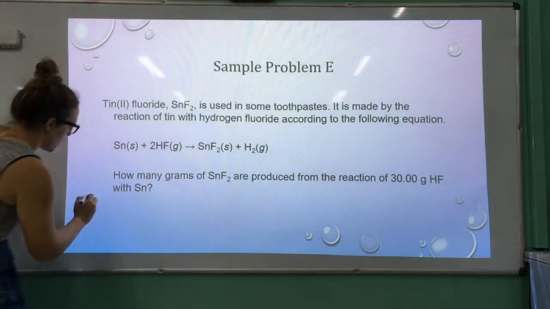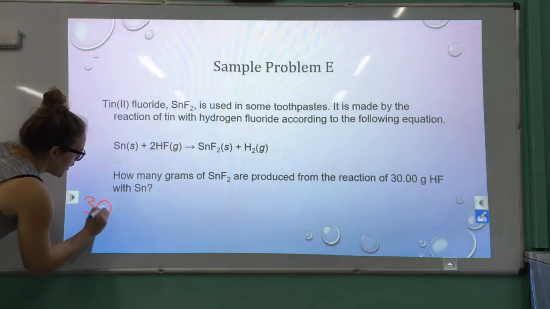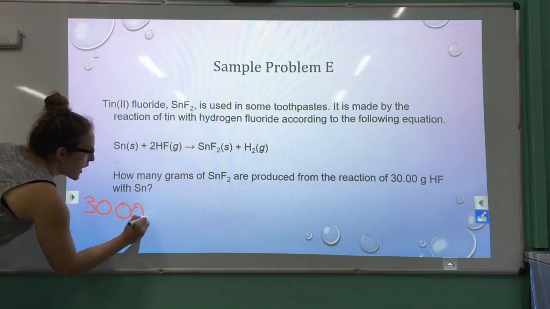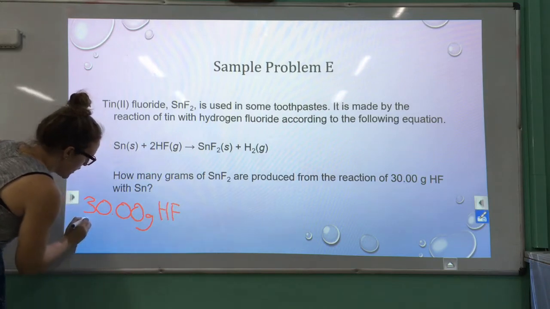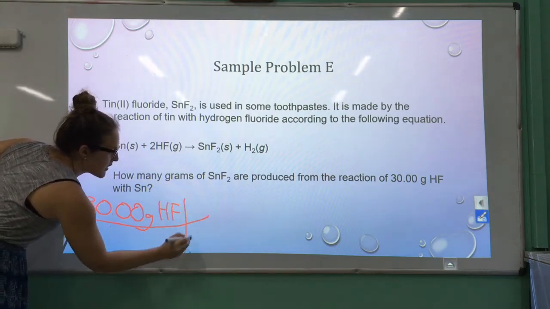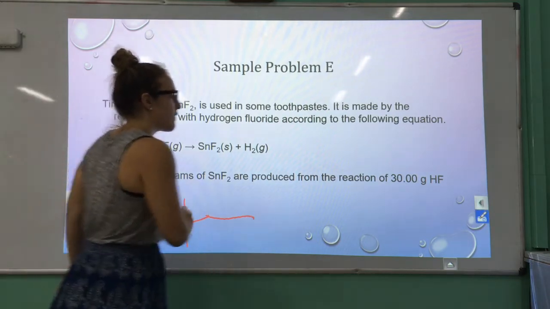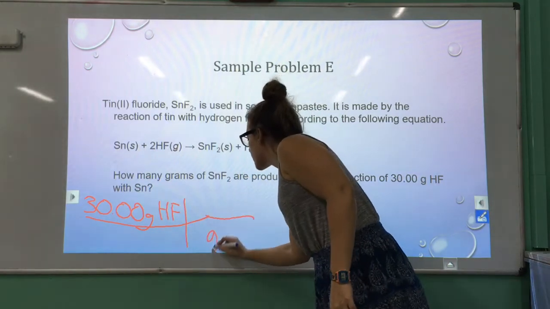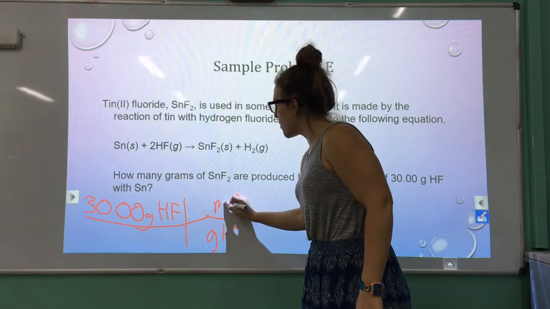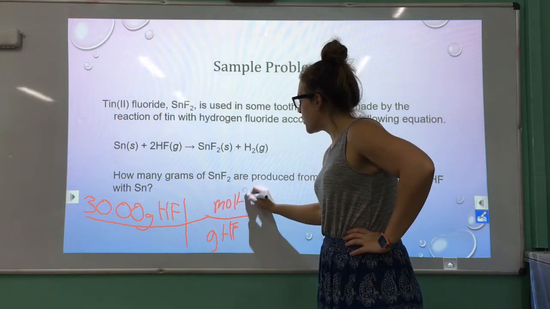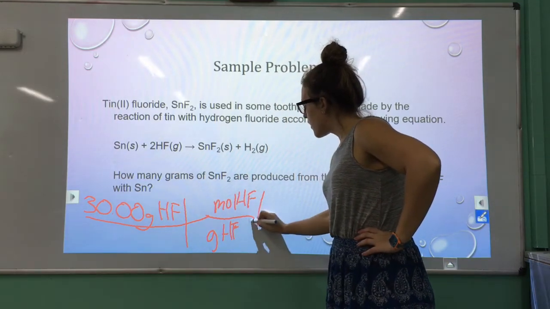So we are going to look at 30.00 grams of hydrogen fluoride. We need to know the molar mass of hydrogen fluoride first, and then we go to moles of hydrogen fluoride.